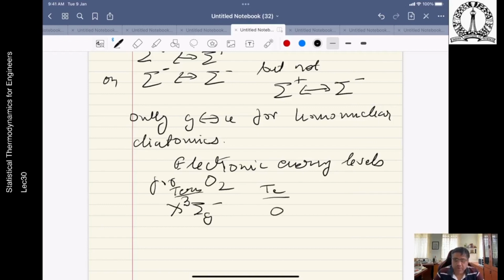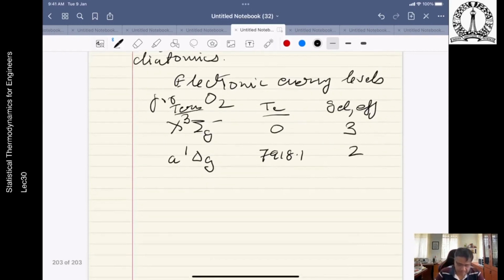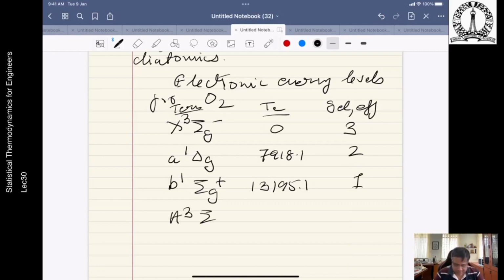T was 0, and then you have g electronic, the effective degeneracy, which was 3. Then you had a1Δg, 7918.1, 2. Similarly, then there is b1Σg plus, 13195.1, 1.